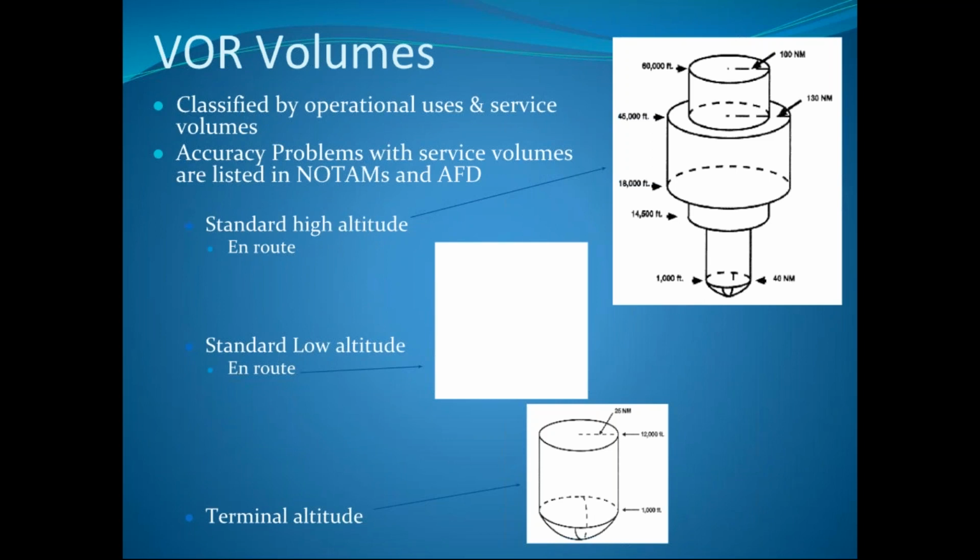Does everybody have that? Yep. Repeat those one more time, please. Okay. The service volume of a high VOR is 130 nautical miles. The service volume of a low VOR is 40 nautical miles.